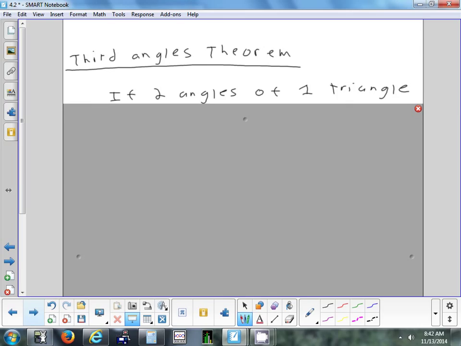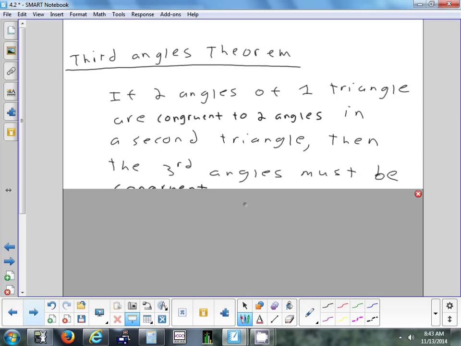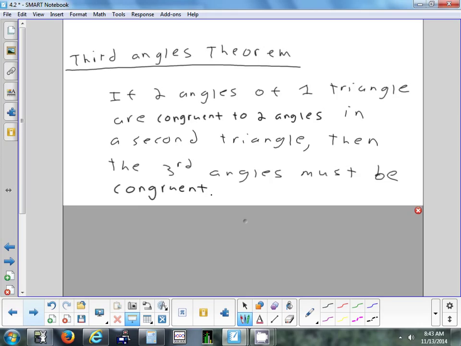All right, so the next theorem we're going to look at is, in the book, theorem 4.3. It's almost a common sense idea that comes from the fact that all the angles have to add up to 180. It says that if you have two angles in one triangle that are congruent to two angles in another triangle, then the third angles also have to be the same.